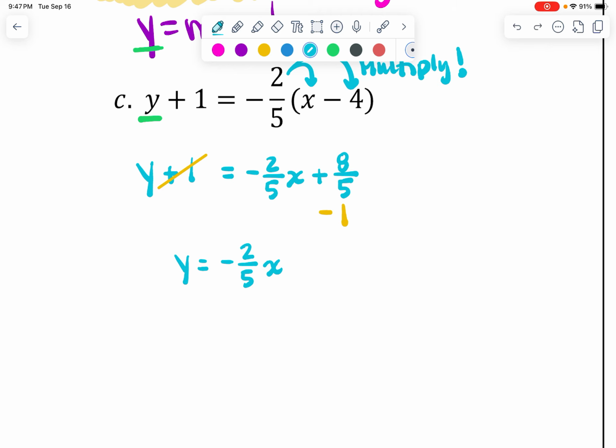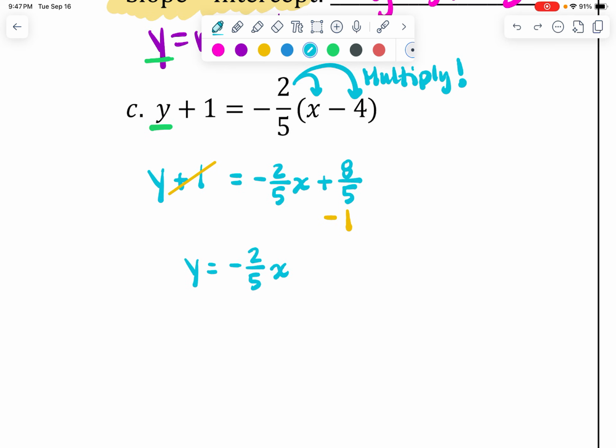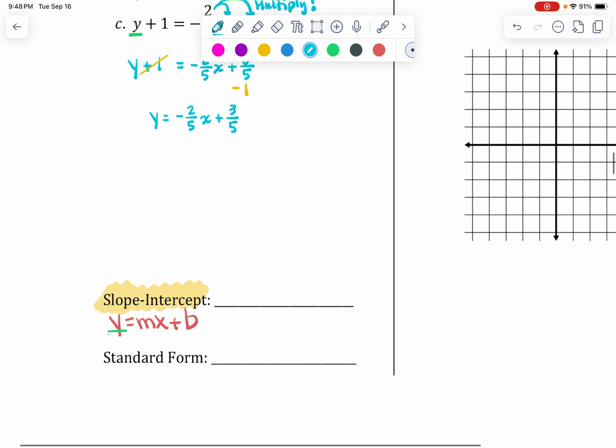So when I type this in my calculator, 8/5 minus 1, that's going to give me 3/5. Okay. All right, and that's my answer for slope intercept form: y equals -2/5 x plus 3/5.